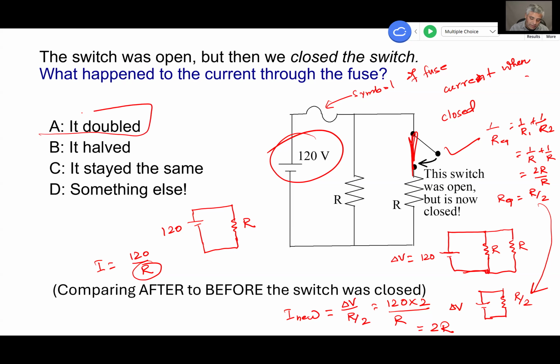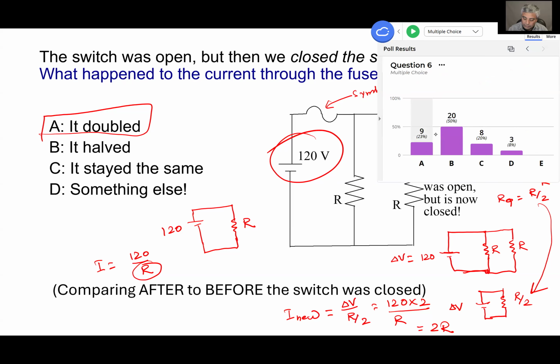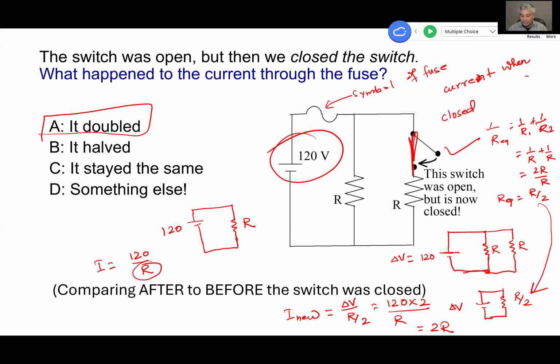So it doubled. So the circuit draws more current from the source. So the current, whatever it was, does not change even when this is broken, okay?